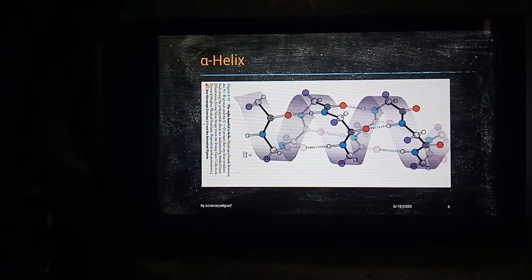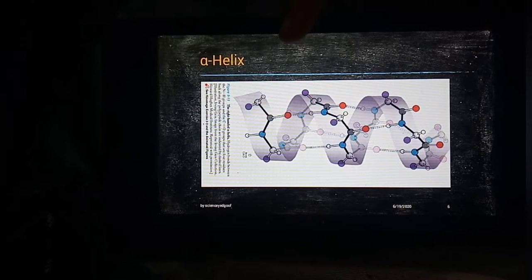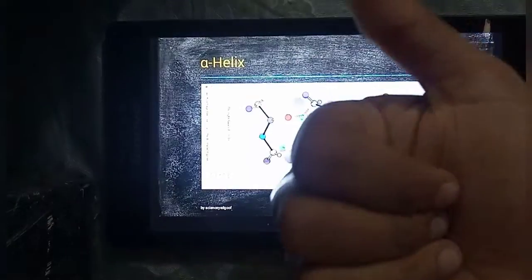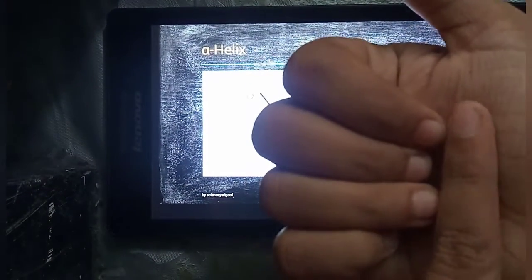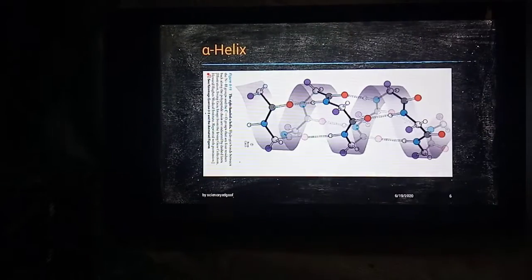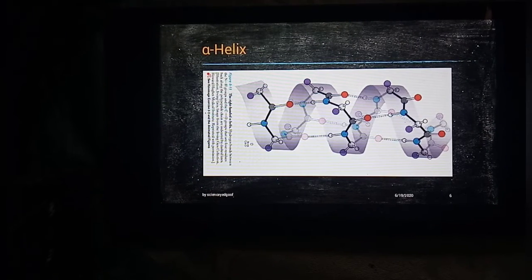For the left-handed helix, there are slight variations: the angles change from minus to plus 57 and plus 47, N is again the same at 3.6 residues, and the pitch is again 5.4 Angstrom. In the right-handed helix, the helix turns in the direction of the fingers, and the thumb points towards the helix rise.